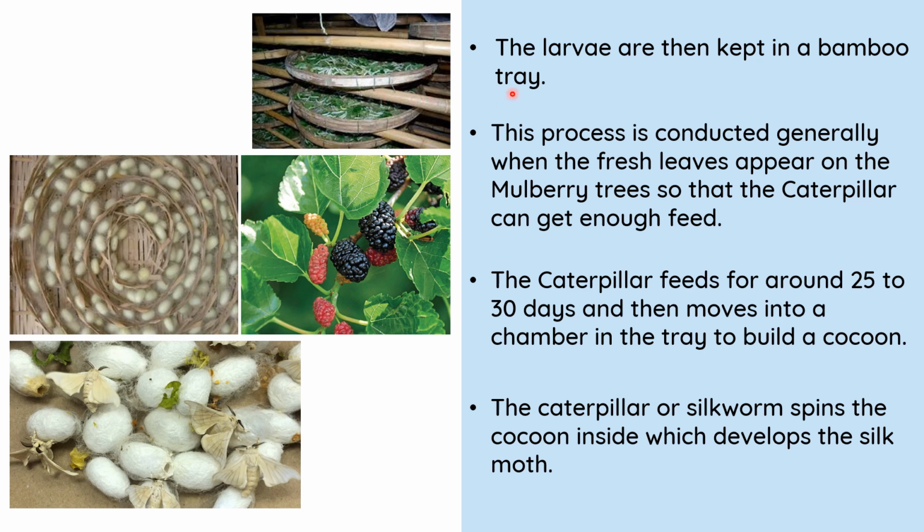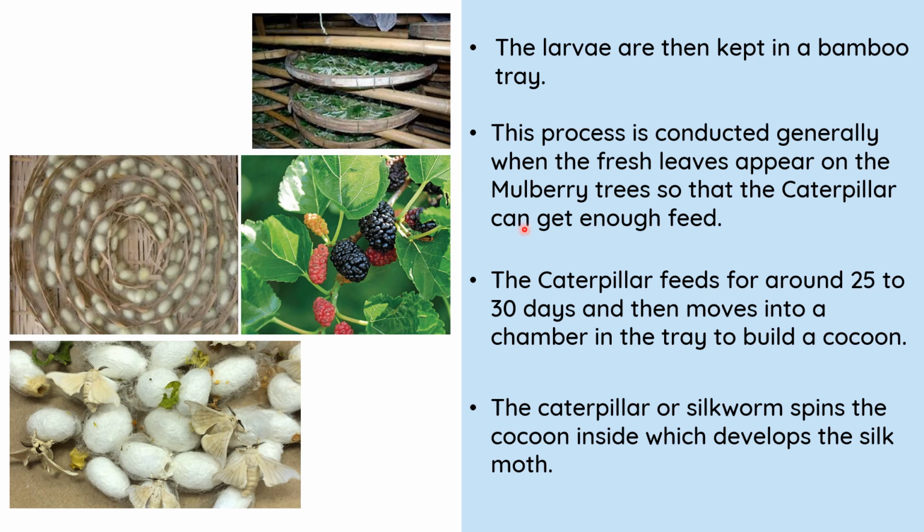The process is conducted generally when fresh leaves appear on the mulberry trees, so that the caterpillars can get enough feed. The silkworm farmers give mulberry leaves to these larvae. This is the mulberry plant and these are the mulberry leaves. The caterpillars like to eat these mulberry leaves very much.